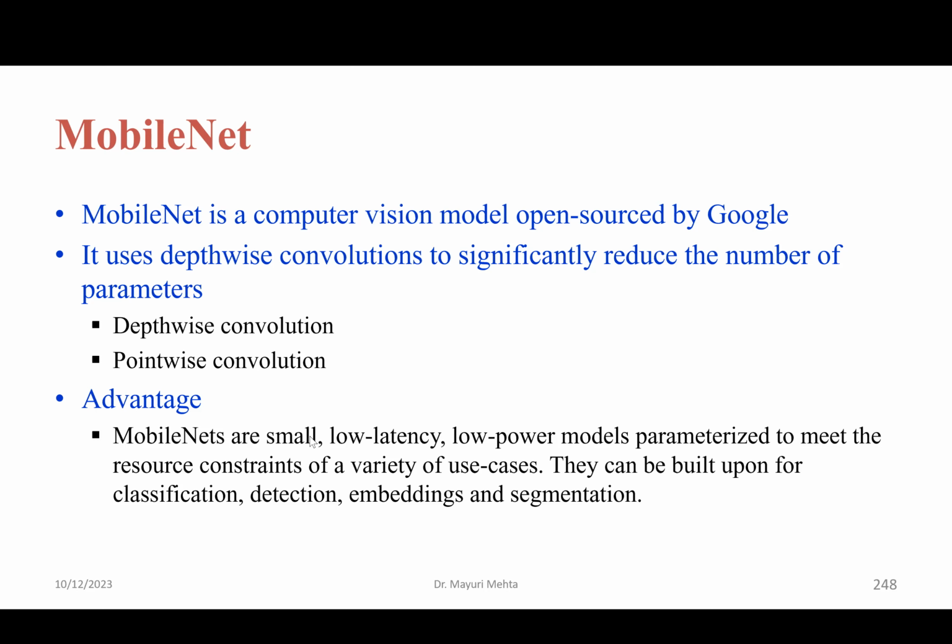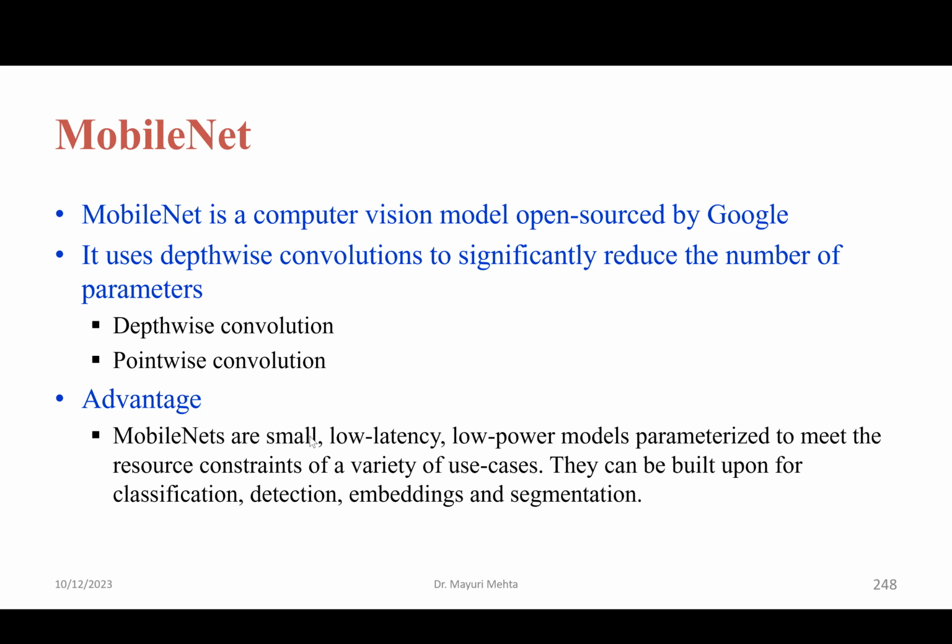where we perform depth-wise convolution. Now, depth-wise separable convolution is a depth-wise convolution followed by a point-wise convolution. How is it followed? Depth-wise convolution is the channel-wise spatial convolution.